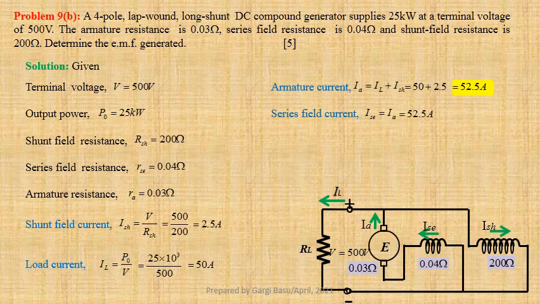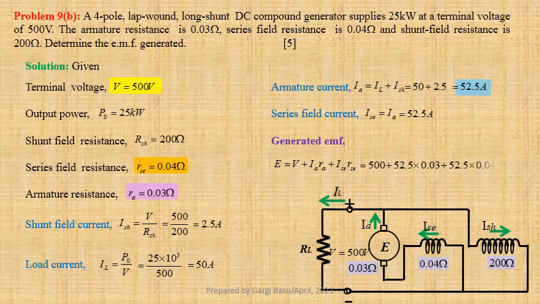Neglecting brush contact voltage drops, we get expression for generated EMF E equals V plus IARA plus IAC RAC. Using values, we get 500 plus 52.5 into 0.03 plus 52.5 into 0.04, that gives us 503.675 volts.